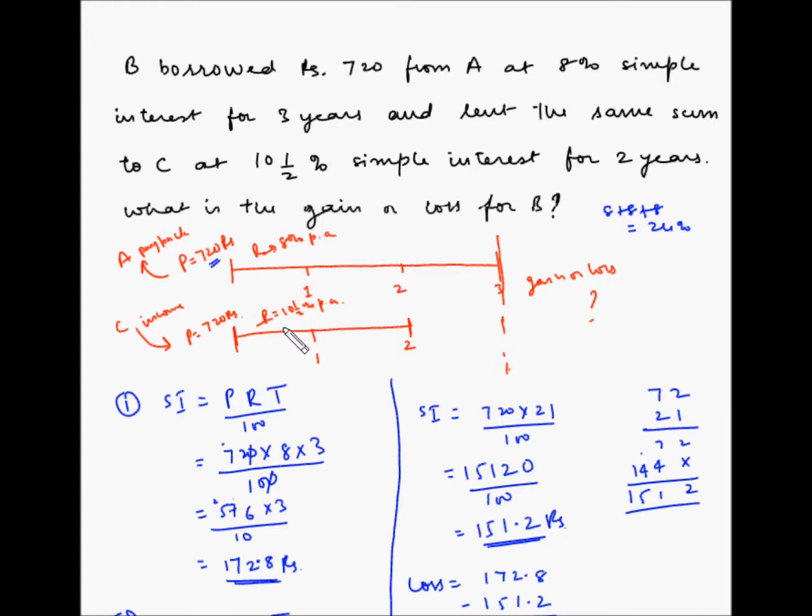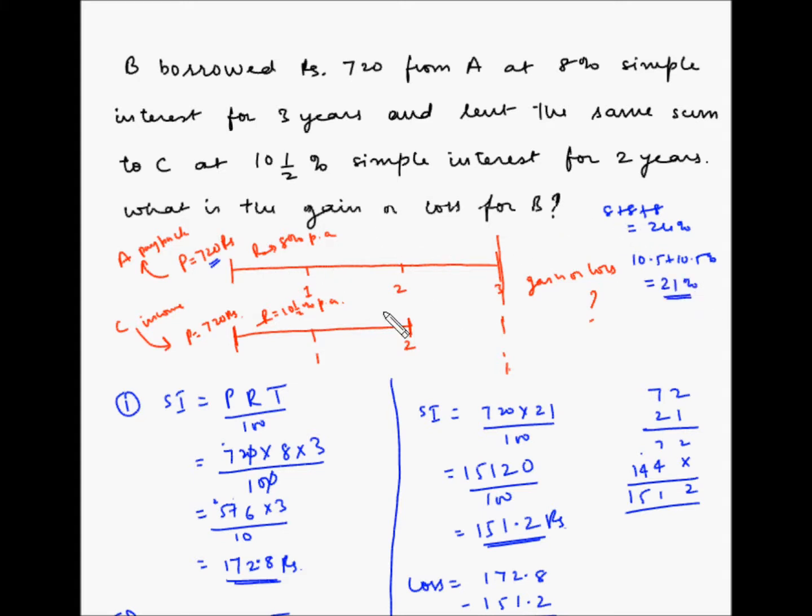Now on the other side, from C, he is going to get back 10.5% per annum. So for first year, he's going to get back 10.5% on 720. And second year also, he's going to get back 10.5% of 720. So overall, he is going to get back 10.5% plus 10.5%, which is equal to 21%.